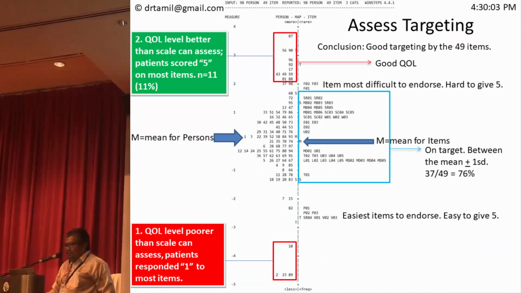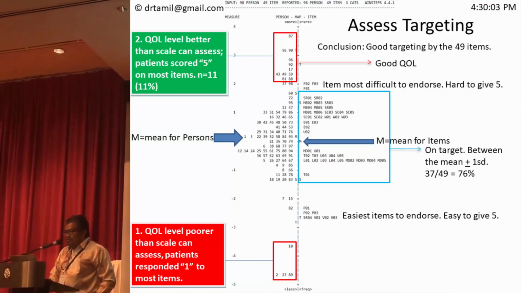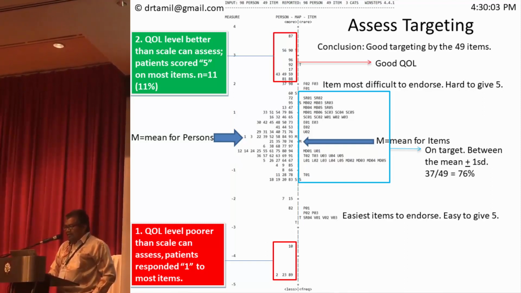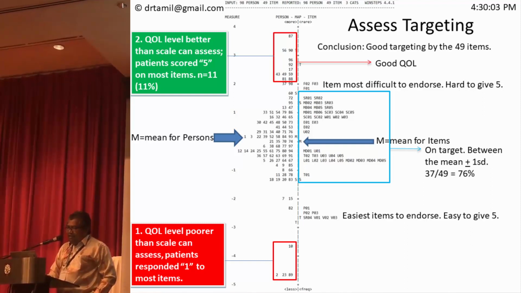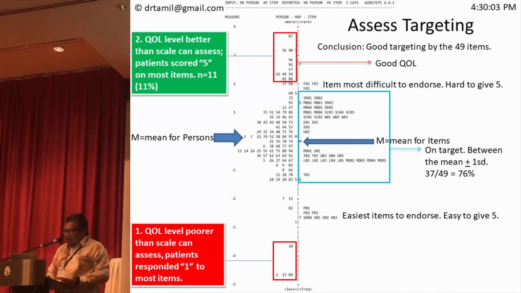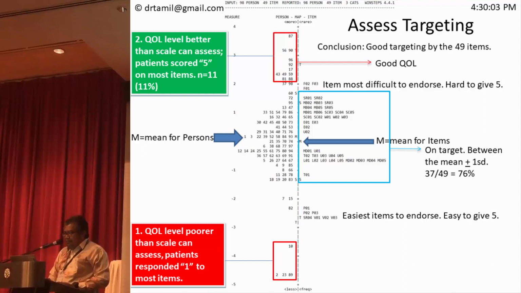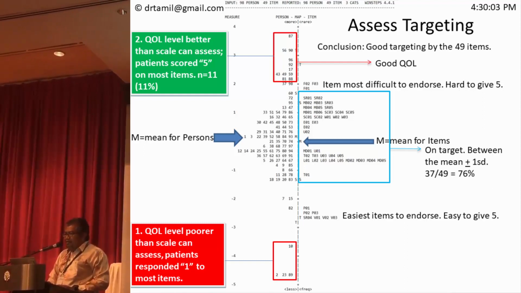Finally, we get to see whether the questionnaire is suitable for the population. On the right side is the item difficulty level. On the left side is the respondents' ability level. Okay. How to interpret this? The higher the item, the harder for the patient to give 5.